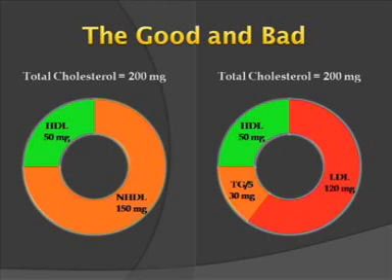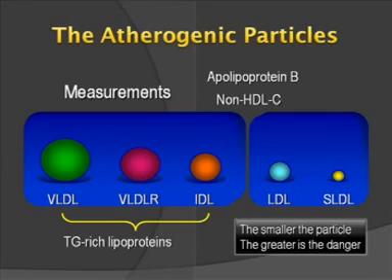atherogenic proteins. We have here on the left hand side triglyceride rich proteins, and these are the VLDL, VLDL remnants and intermediate density lipoproteins. You see, the size of the particle from the VLDL to IDL is reducing.